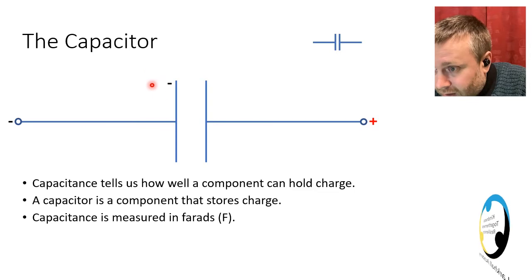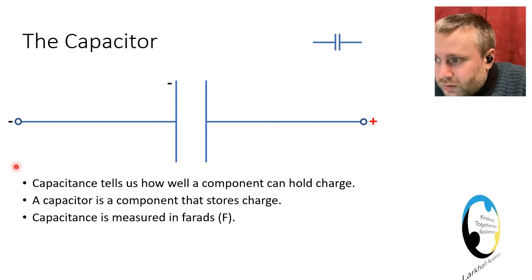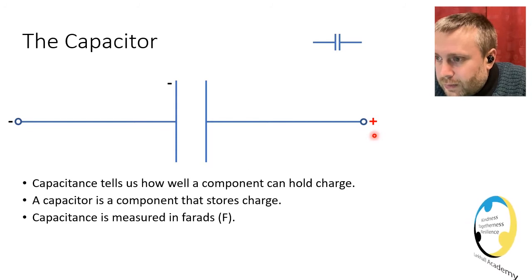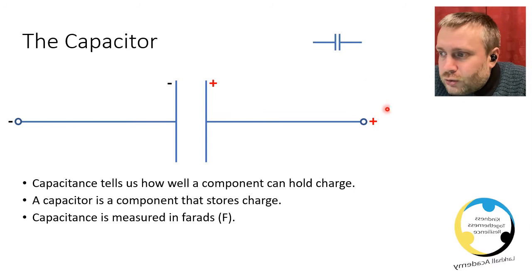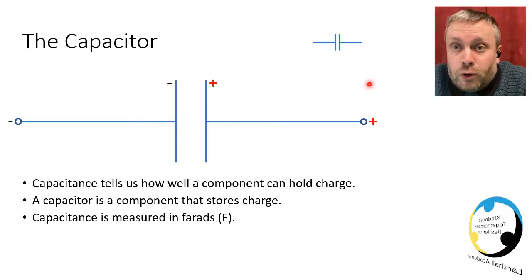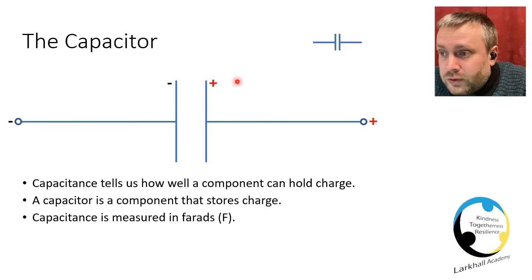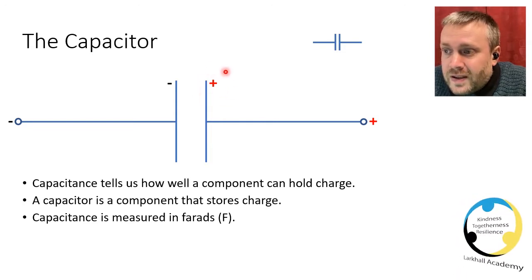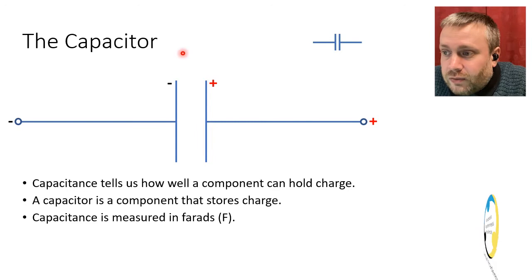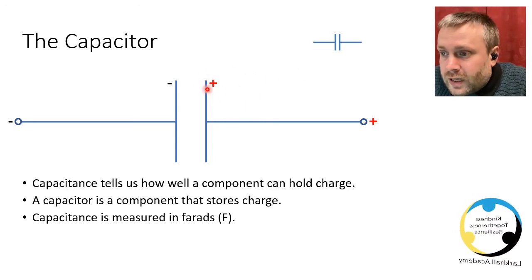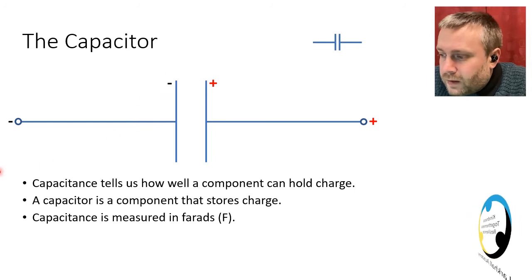Now this side is connected to the positive terminal, so at the same time an electron is going to get pushed away from this plate and travel towards the positive terminal. We end up with the equivalent of a positive charge here, an atom that's missing an electron, so it has an overall positive charge. So we now have a positive charge on this plate and a negative charge on this plate. And that's going to continue happening.